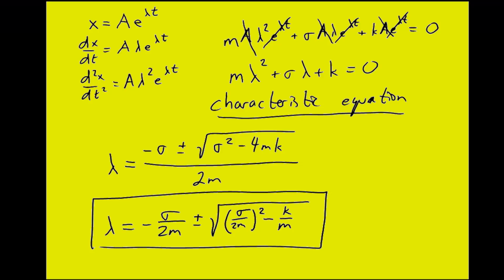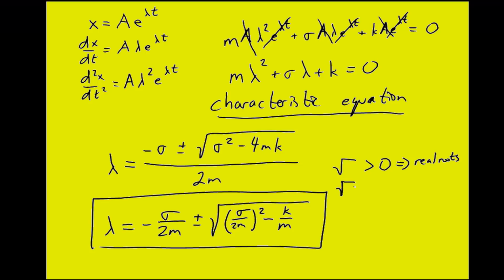Now the solution to this equation is dependent on the nature of the terms underneath the square root sign. If, for example, the terms under the square root sign are greater than 0, then we'll get real roots to our equation.